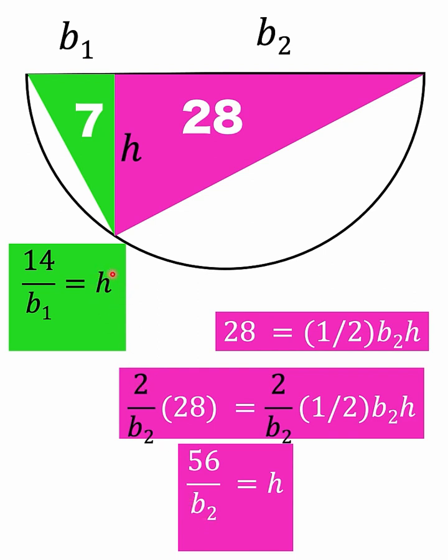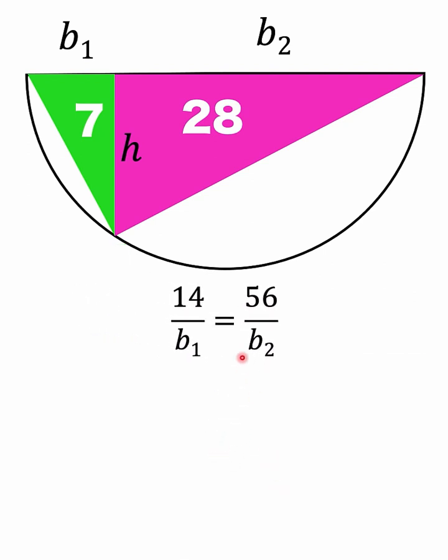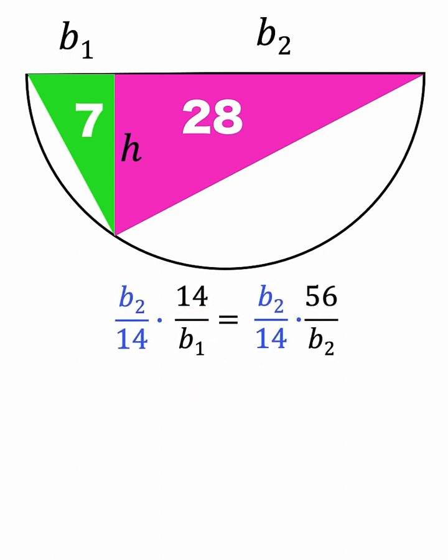Notice that you have here h and you have here h. This means that 14 over b sub 1 must also be equal to 56 over b sub 2, because quantities that are equal to equal quantities are also equal. Then from here, we can modify this form so that we can get the ratio of b sub 2 over b sub 1. So we multiply both sides by b sub 2 over 14.